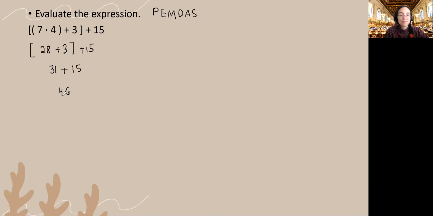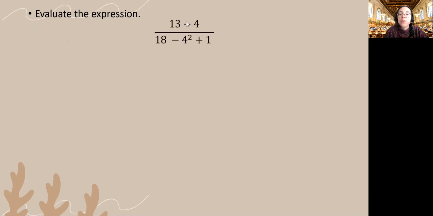But that is a choice that you will make later on when you continue on your way as a math student. But for now, we're going to carry our brackets and parentheses for the sake of understanding. Okay, enough about that. We're going to continue.